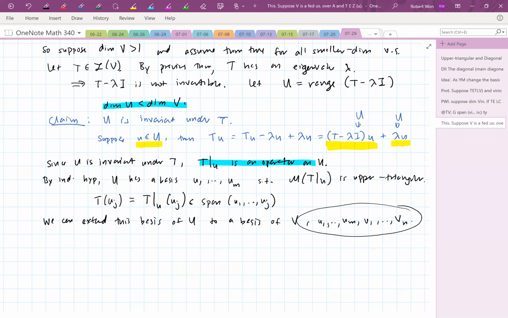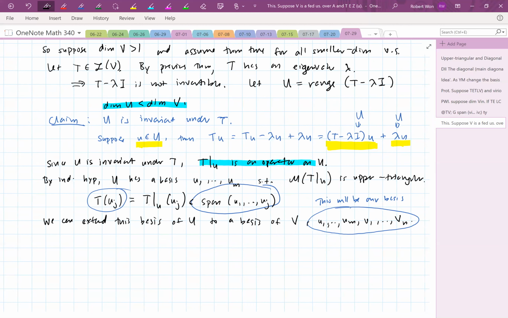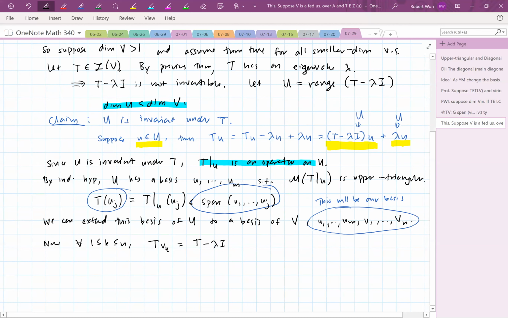Okay, so this is the basis that we're interested in. Let me circle it in a different color. This will be our basis. We already know that the u's satisfy the property we want: if you take T of any of the u's, it ends up in the span of all the basis vectors up to that point. What about T of vk? For all k between 1 and n, T of vk is T minus lambda I applied to vk plus lambda vk. This is the same trick as before.